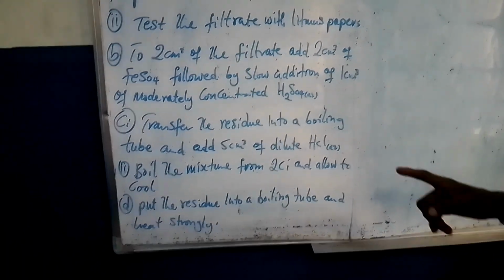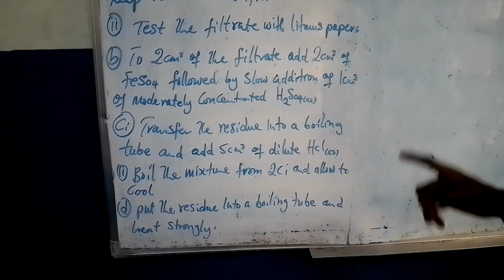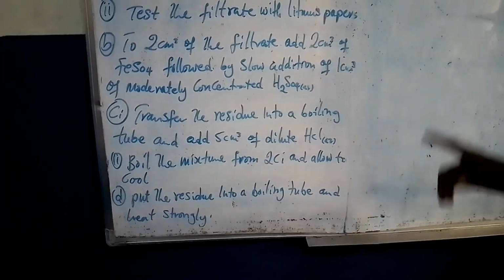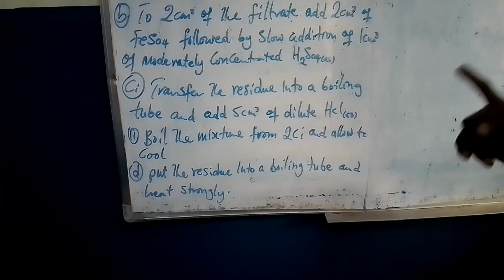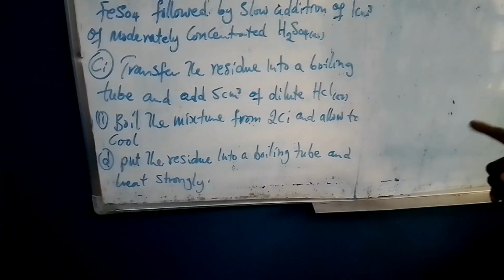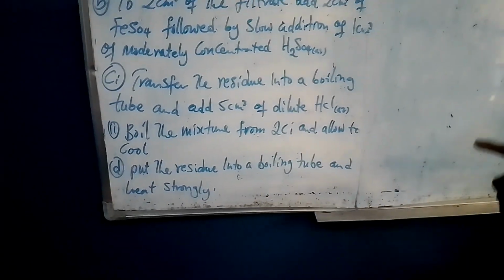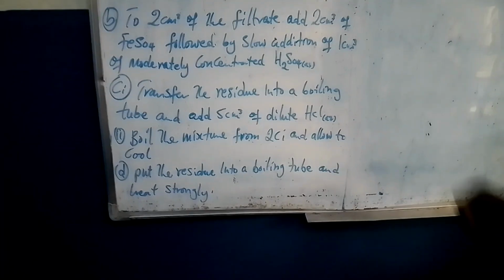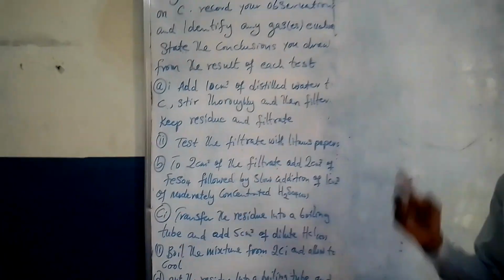Then, transfer residue into a boiling tube and add 5 cm³ of dilute hydrochloric acid. Then the second question says boil the mixture from 2(c)(i) and allow it to cool. Put the residue into a boiling tube and heat strongly. So we're going to follow this instruction strictly.